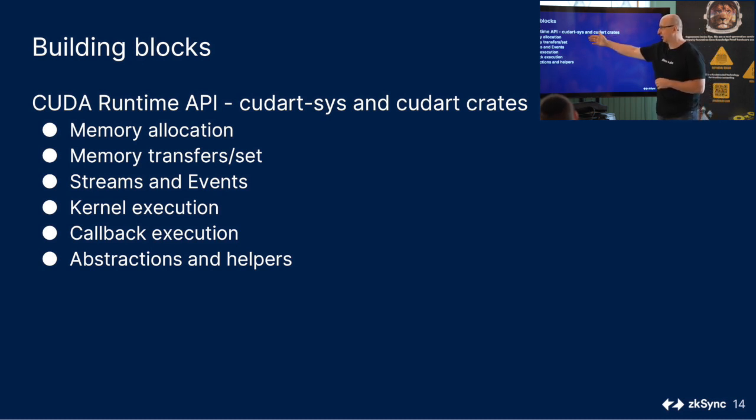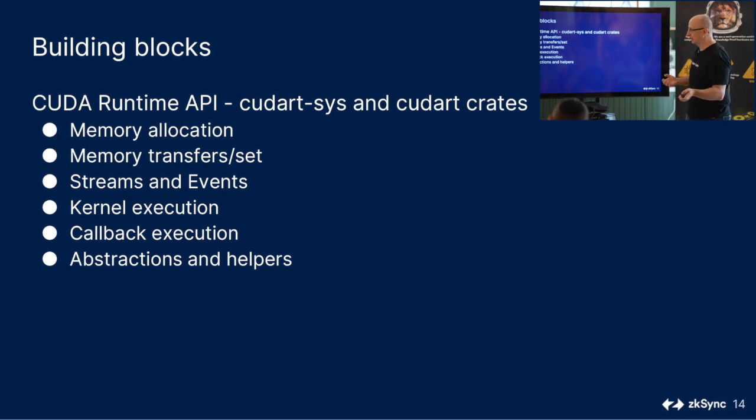Stuff for memory allocation, transfers, then creation and usage of streams and events, synchronization between streams and events, and so on. Then we have kernel execution, where you can take a kernel, define the parameters for it and execute it.